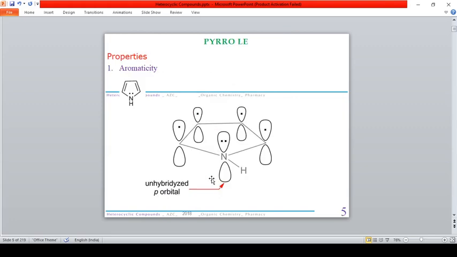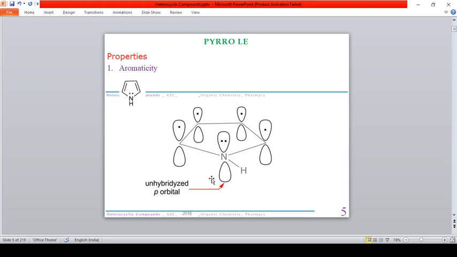Now, pyrrole. The first compound we will be studying is pyrrole. Pyrrole is a 5-membered aromatic heterocyclic compound, and it is also an azole compound.